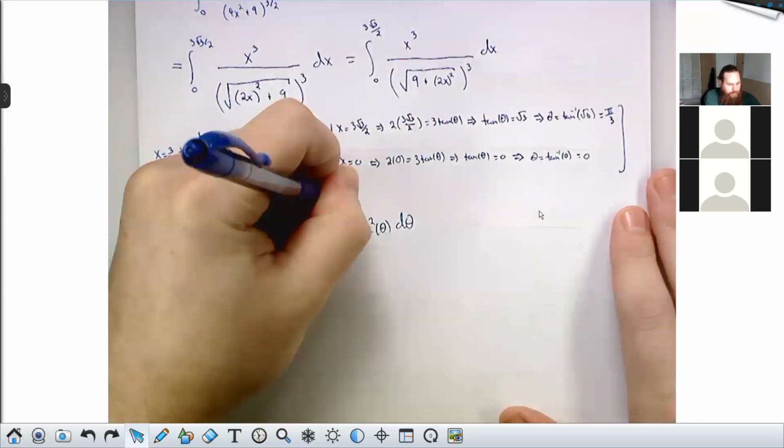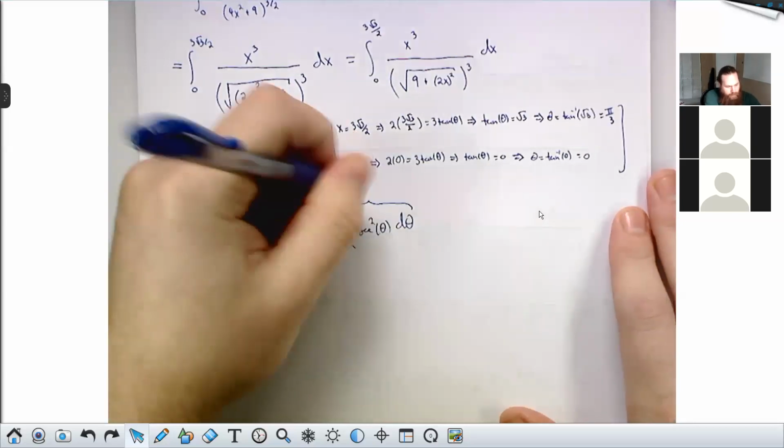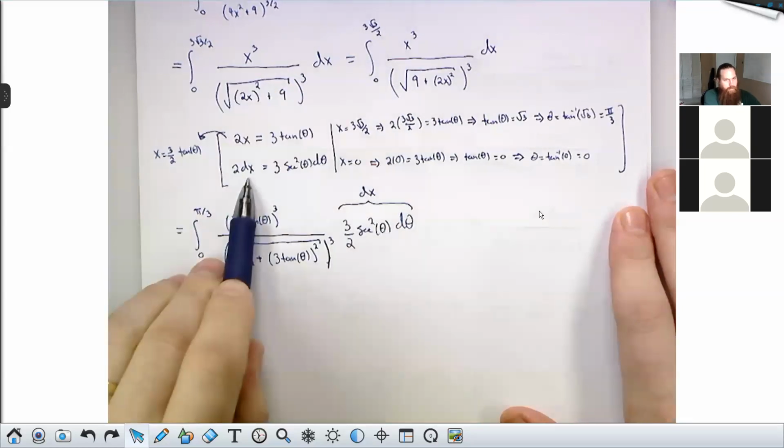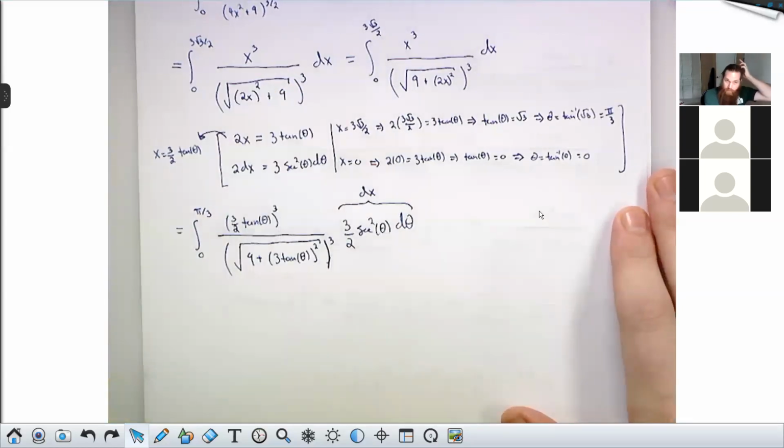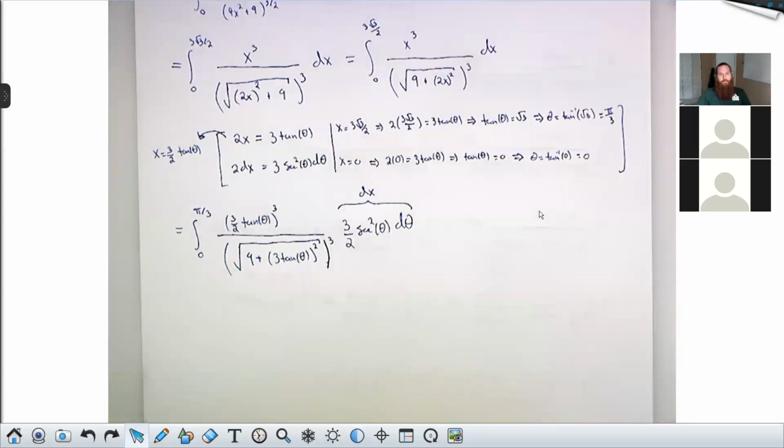So this was dx. And I got it by solving this for dx. The whole 2x piece I replaced by 3 tan theta because that was the substitution I made.